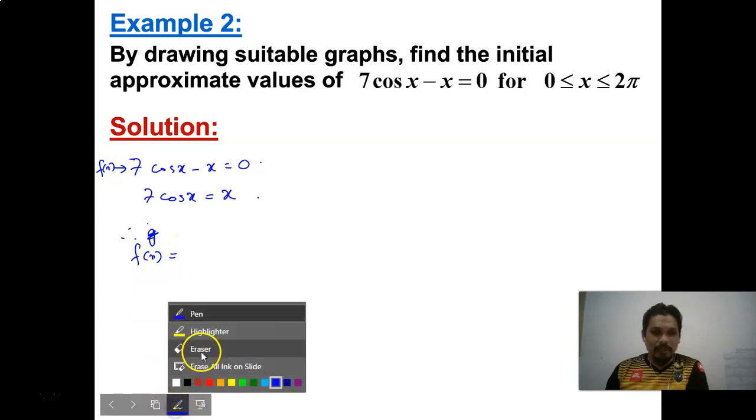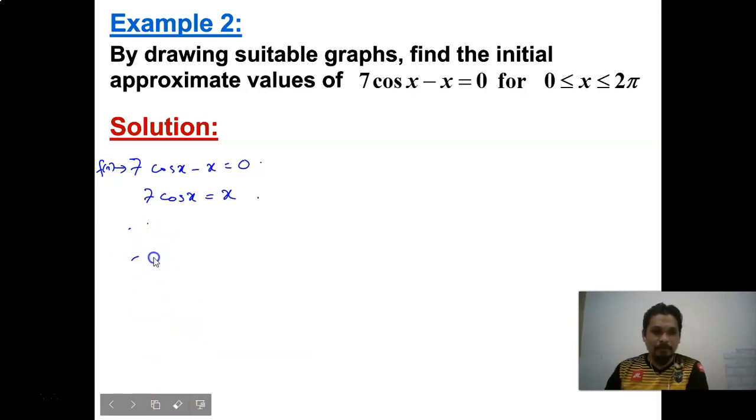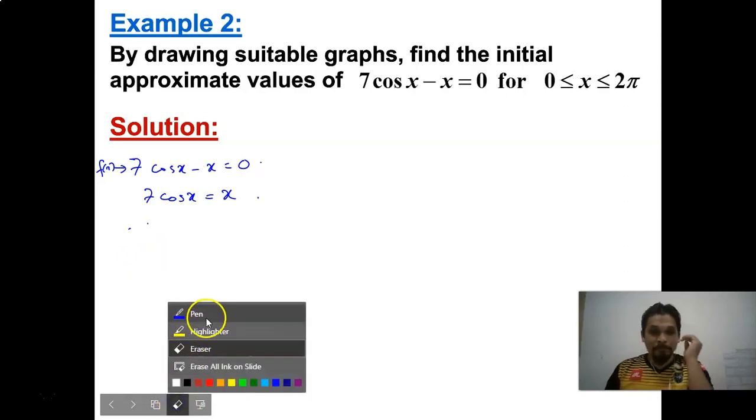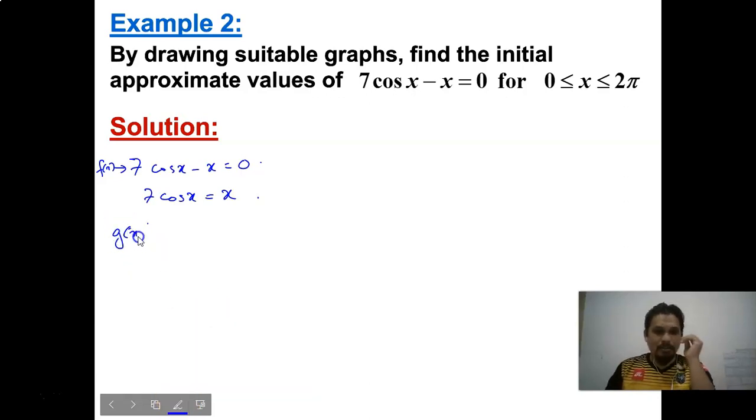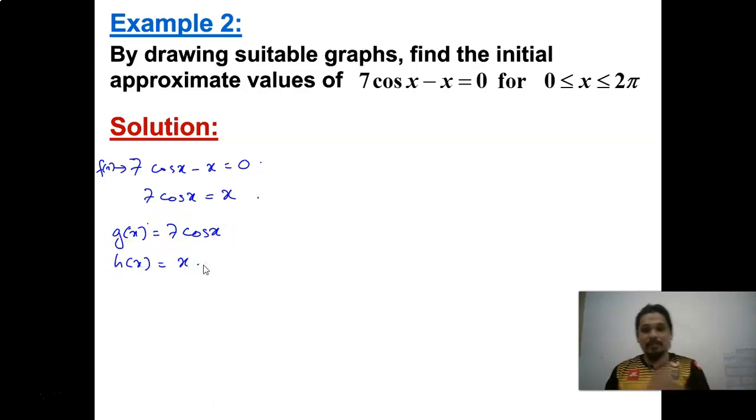So if I define the functions as g(x) equal to 7 cos x and h(x) equal to x.